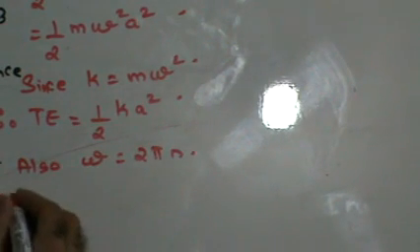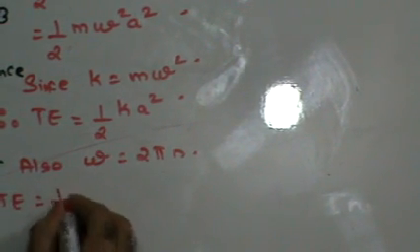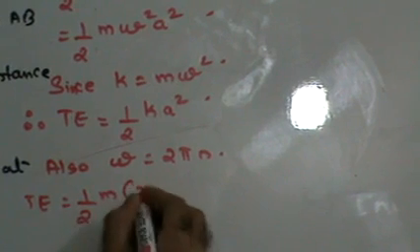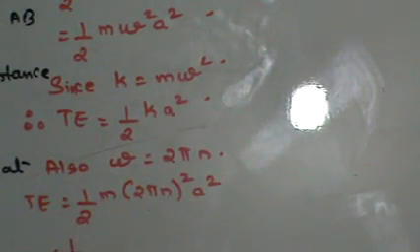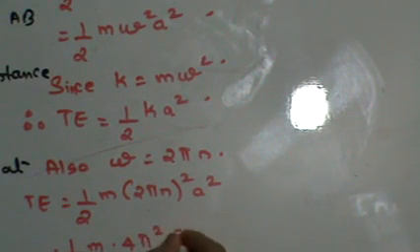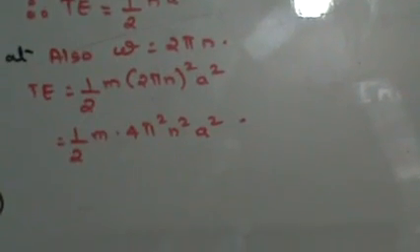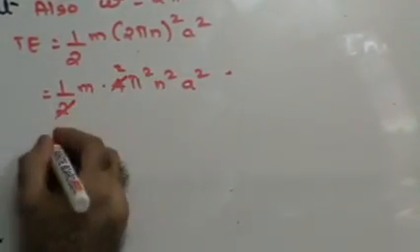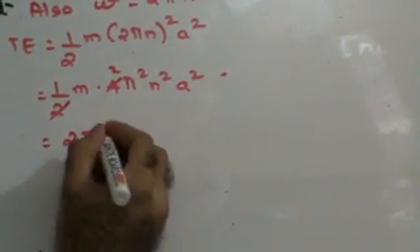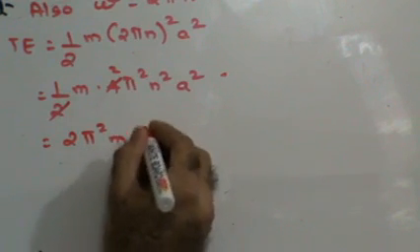So if I substitute in the equation of total energy, this will be half m, omega is 2 pi n the whole square, a square. This can be written as half m into 4 pi square n square a square, right? So in that case, this can be written as 2 pi square m n square a square, right? That is another expression for total energy.